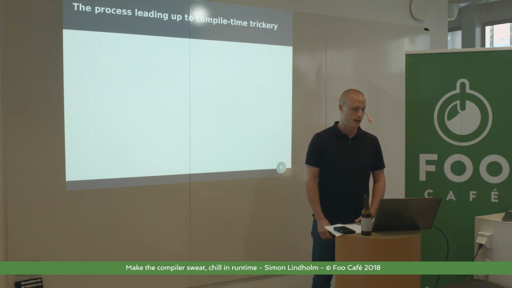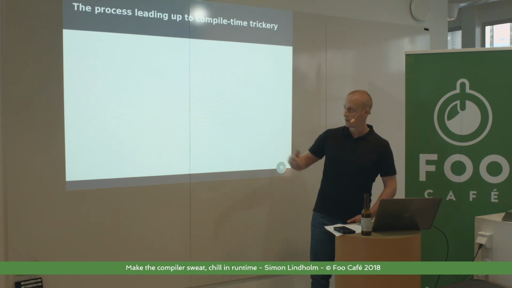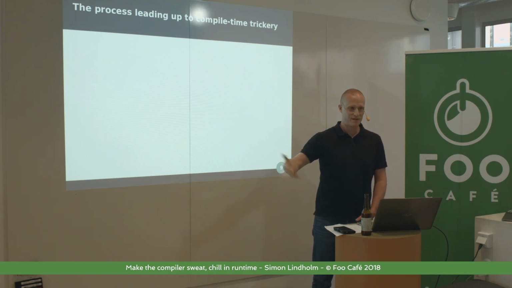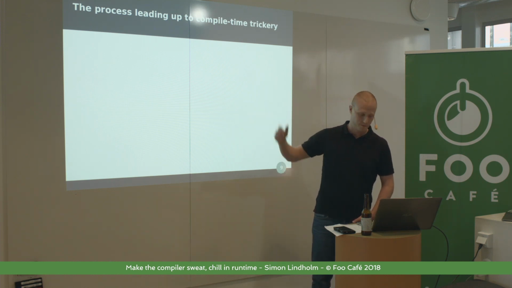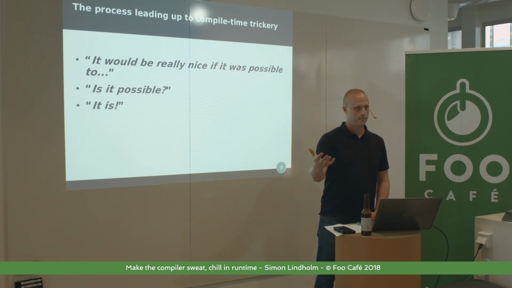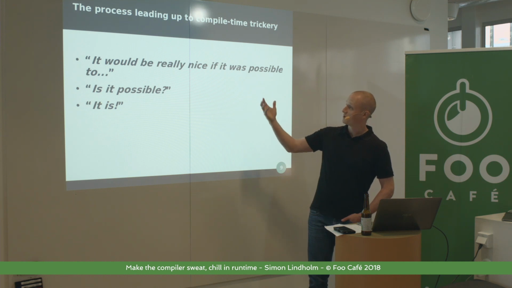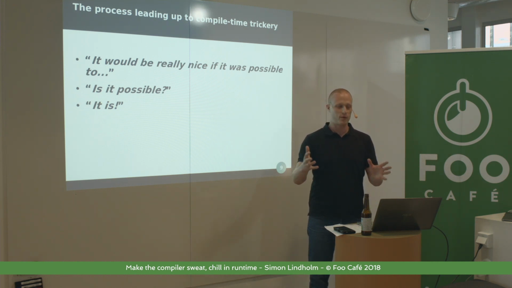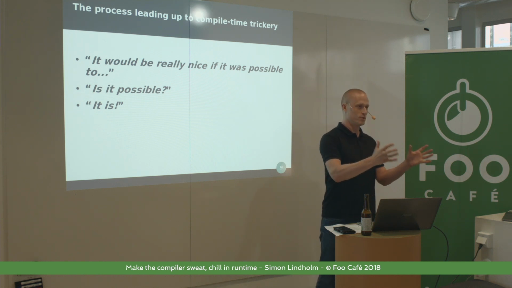None of this is terribly original. But the general process of coming up with this compile time stuff is that you have some particular problem and you think, it would be really nice if it were possible to do it like this.